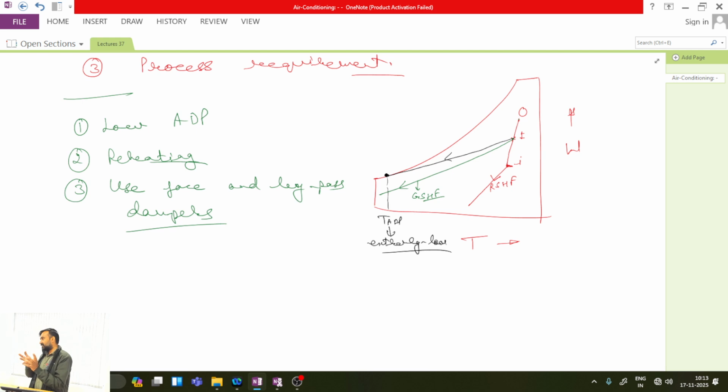Then this air, which has very little moisture, will be adiabatically mixed with the recirculated air which is bypassed without flowing over the cooling coil, and that will give you the supply state. Is this point clear? So this is just a mechanical arrangement to handle things.